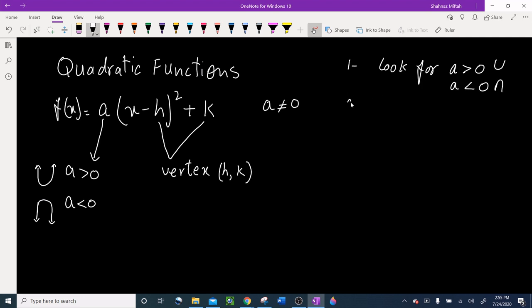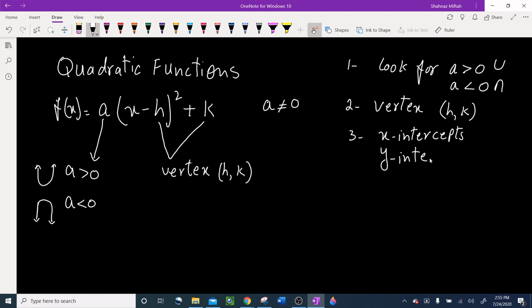Then the second step, we will determine the vertex. And like I said, the vertex is the h and k. The third step, we will find the x-intercepts and y-intercept.